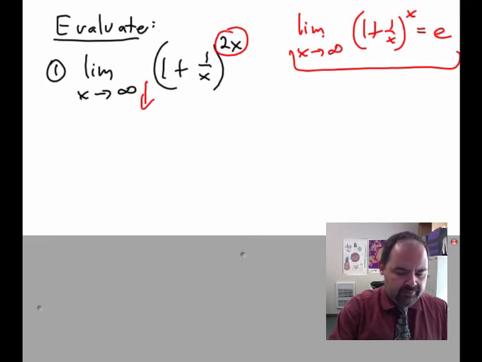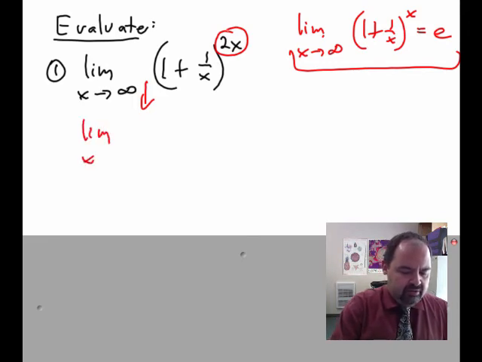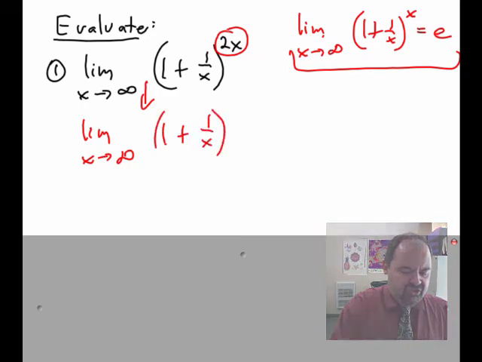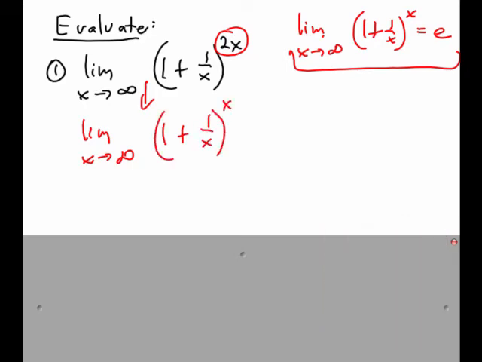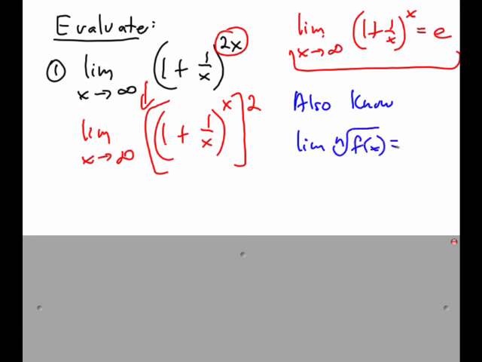So what I'm going to do here is I'm going to rewrite all this part's fine. Now I wish this was just an x, so I'm going to leave it as an x, and then I'm going to take advantage of the fact that I know by exponent rules I could write that expression like so. You might also remember that we also know that the limit of a root of something is equivalent to the nth root of the limit of that function.